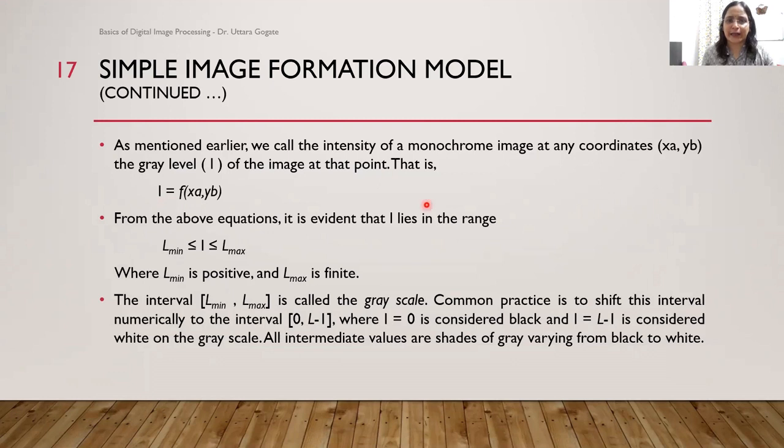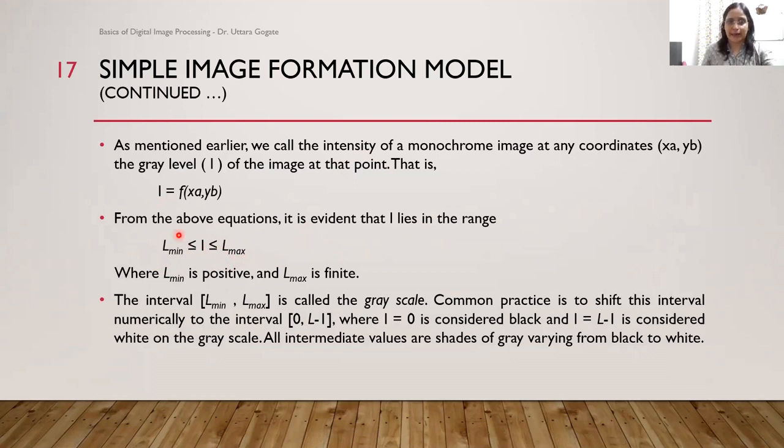And how are we indicating the total gray level? By two boundaries, L min and L max. Capital L we are using to denote the intensity, or you can say the grayscale. So L min is less than or equal to l is less than or equal to L max.